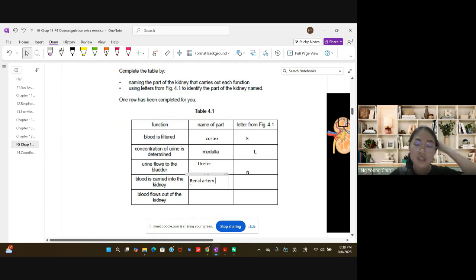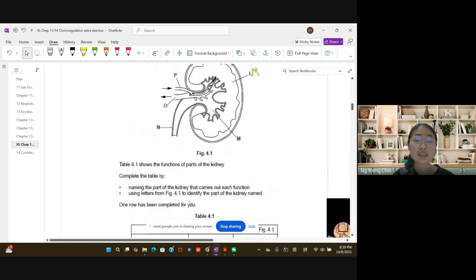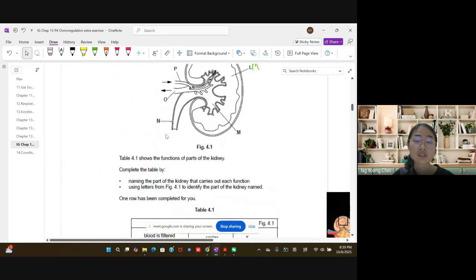One thing you need to know is the renal artery has a very high concentration of the urea waste products, even though it has a lot of oxygen, because the blood hasn't undergone ultrafiltration and reabsorption. That's why the incoming blood is high in urea. Blood flowing out is the renal vein.